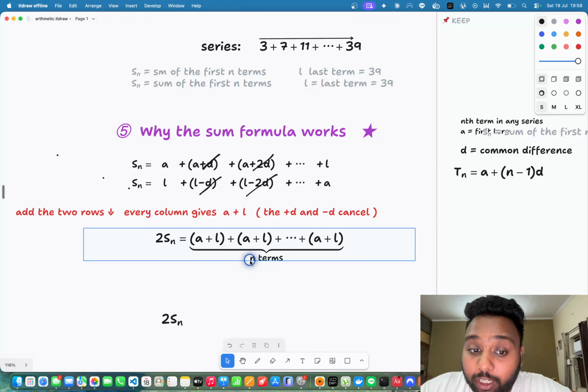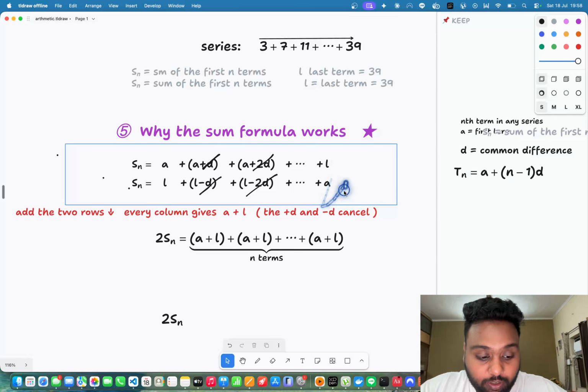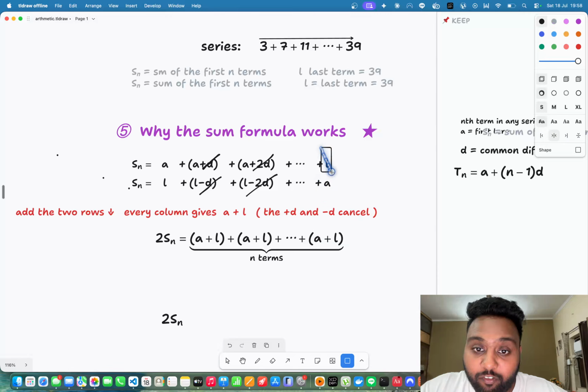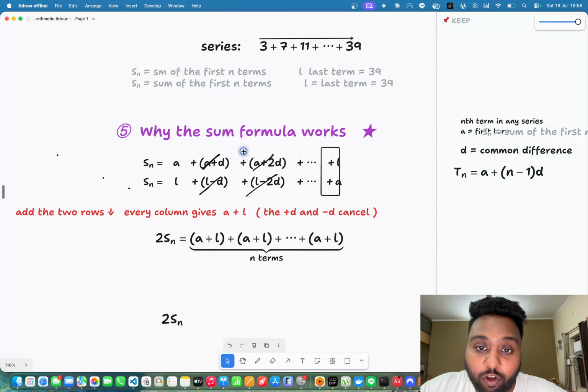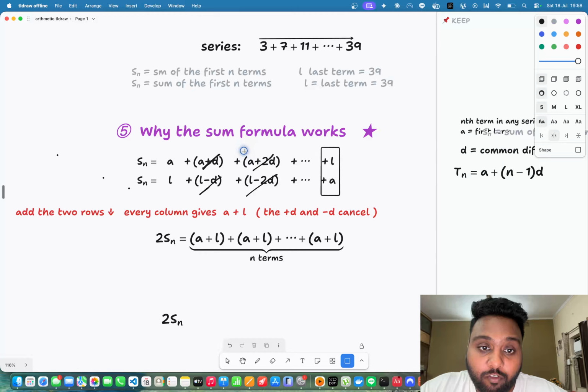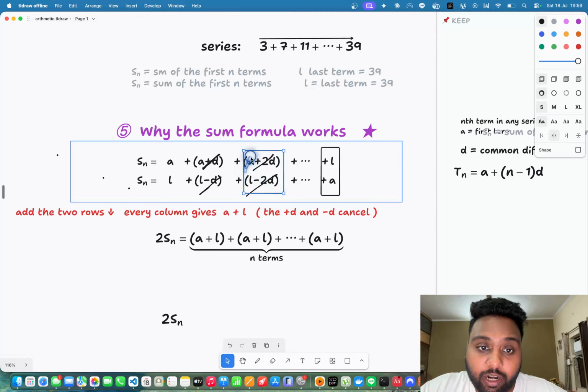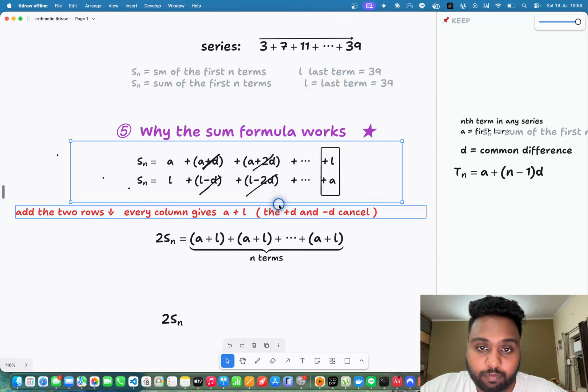How many terms are these? These are n number of terms, because for everything I got one A and one L pair, and the common difference term was cancelled out.